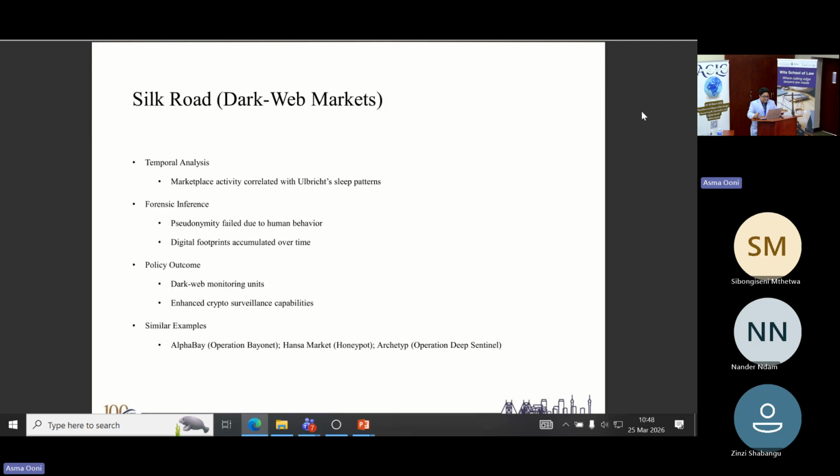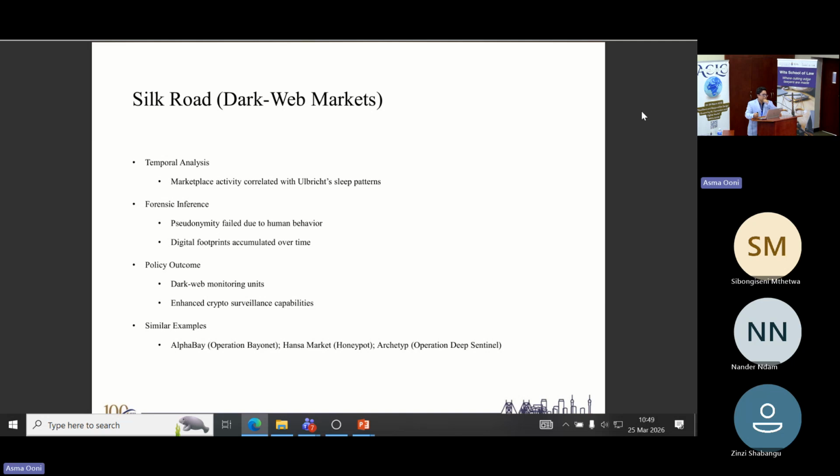He was using the same Wi-Fi, and from his sleeping pattern, people got him, because when he was sleeping he was not using that login and that system was not in use.